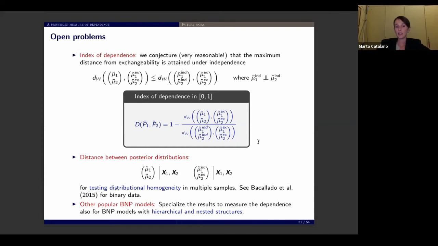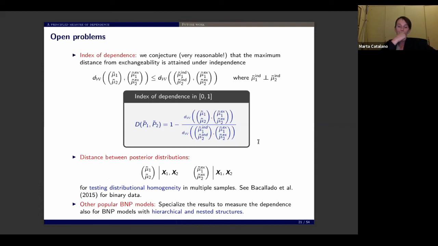Our idea here is that by comparing, through the Wasserstein distance, the CRV a posteriori with the CRV that one attains under exchangeability, we can perform homogeneity tests in a multiple sample context. And in this way, we will extend to a nonparametric framework the ideas of Bacallado, Holmes, and Diaconis 2015.